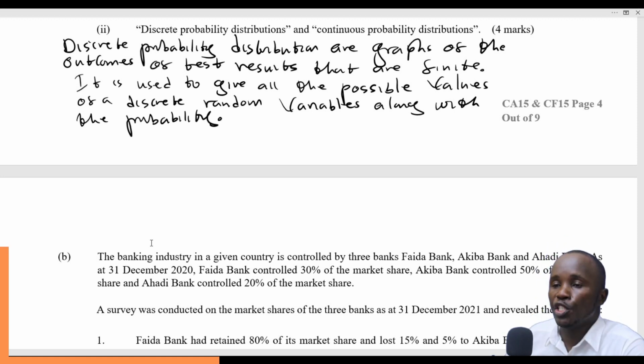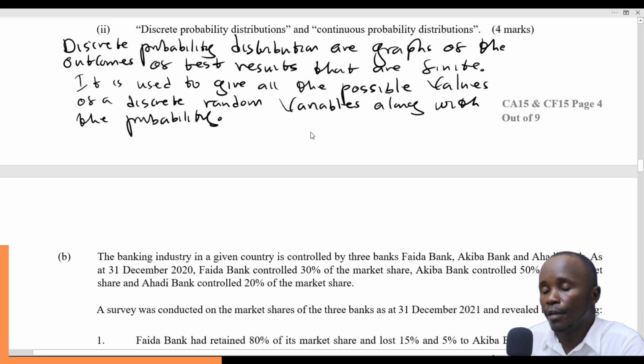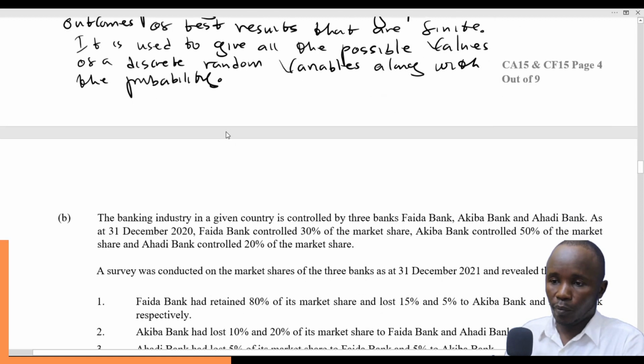At this point, it's good to note discrete random variables take whole numbers. They don't have decimals. That's why we are saying that for discrete probability distribution, they take the values of a discrete random variable along with their probabilities.